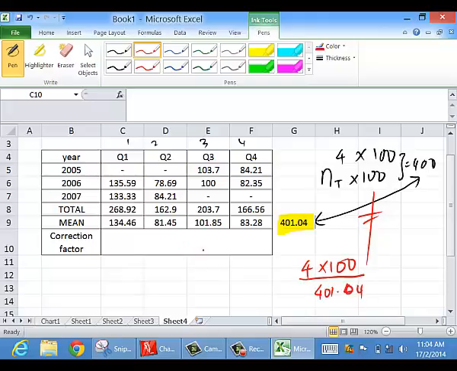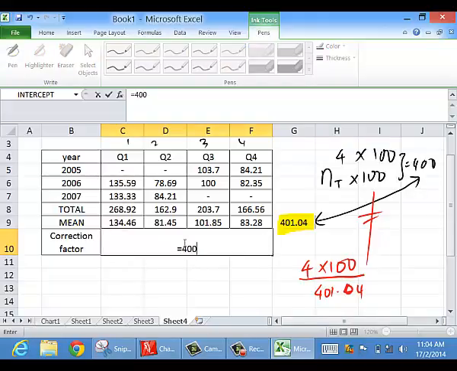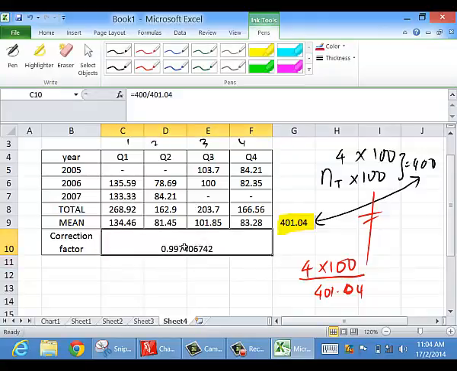Then it should be equal to how much? 400 divided by 401.04. So you will get 0.997406742. So this value you need to take the exact value. You cannot take 2 decimal point. You cannot round that off. Can you understand?